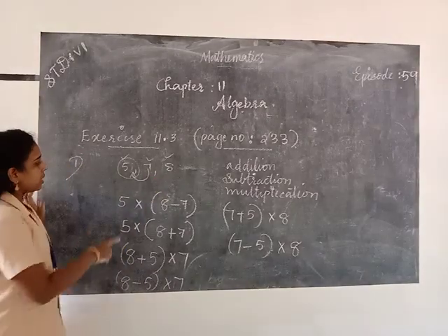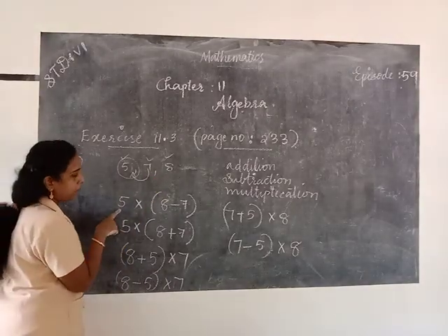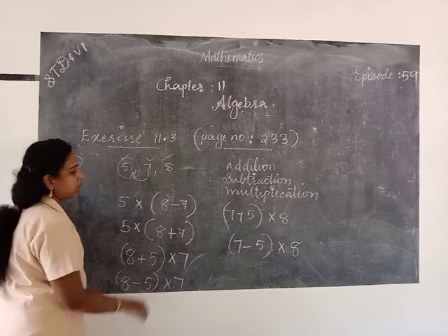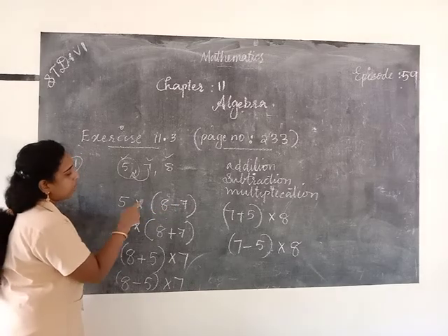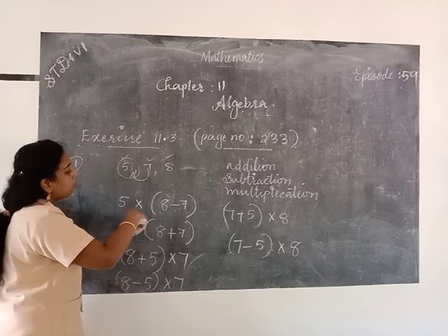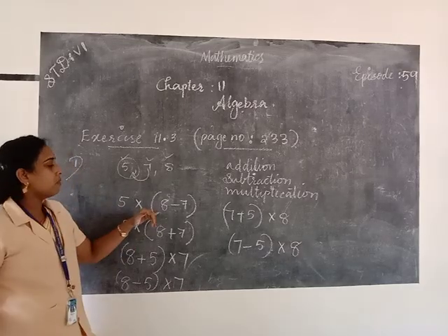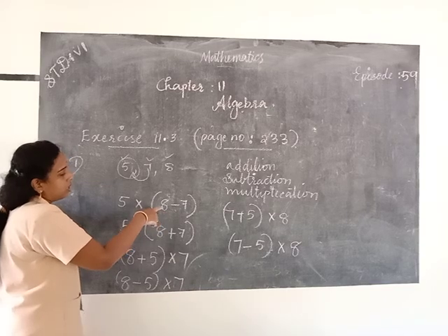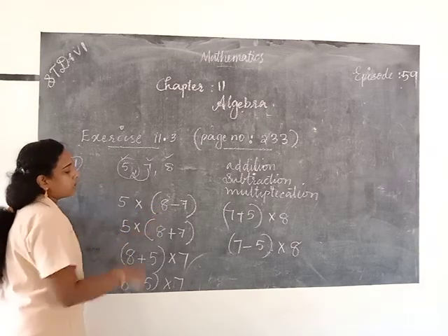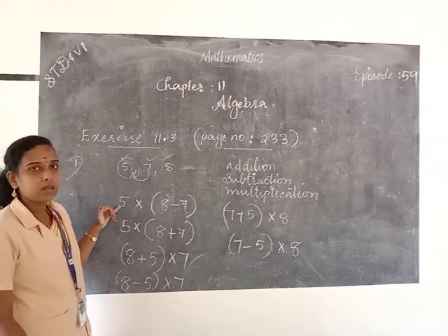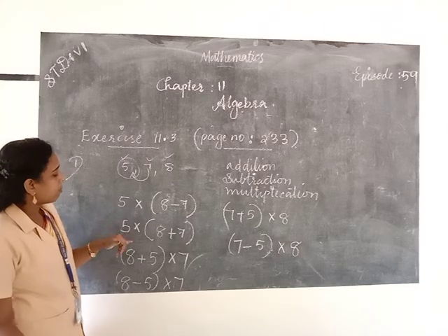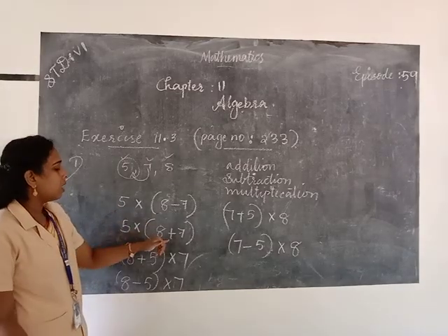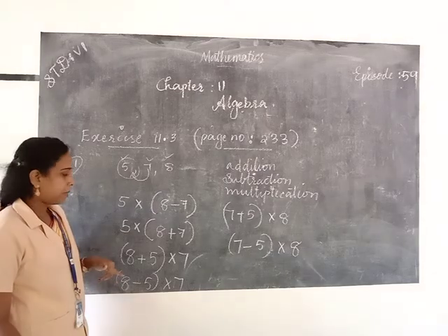So the first expression is to multiply 5 by 8 minus 7, which means first take the difference of 8 and 7, then multiply with 5, or we can multiply 5 with the sum of 8 plus 7.